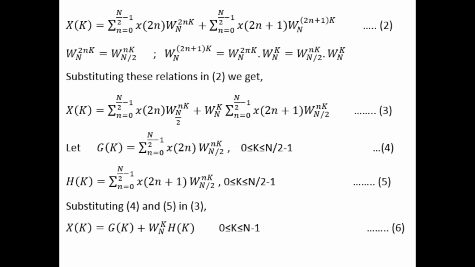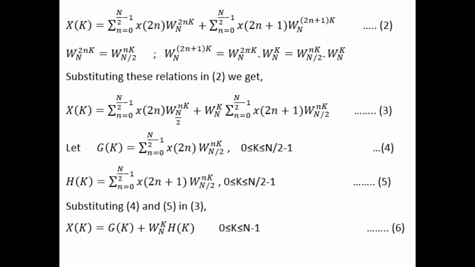we know that x of k is equal to summation n is equal to 0 to N by 2 minus 1 x of 2n omega N of 2nk plus summation n is equal to 0 to N by 2 minus 1 x of 2n plus 1 omega N of (2n plus 1) into k.